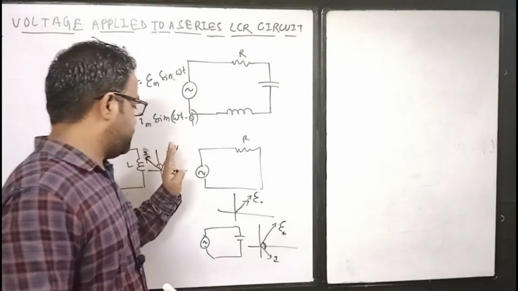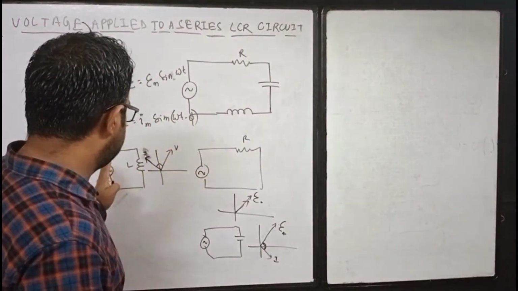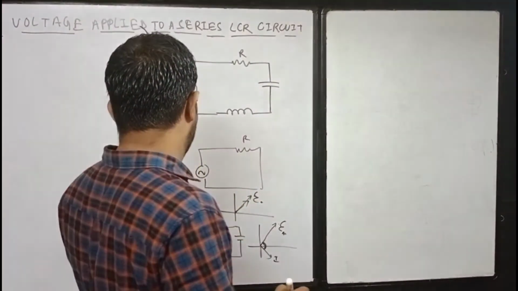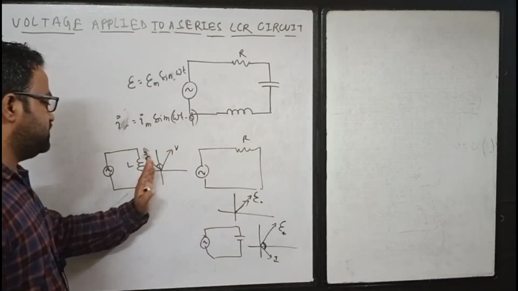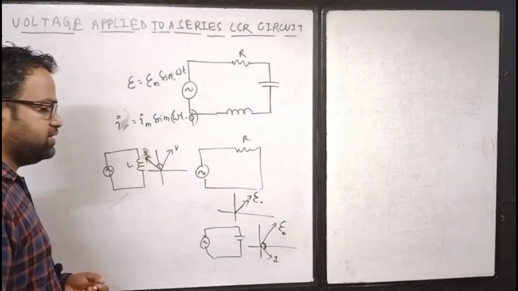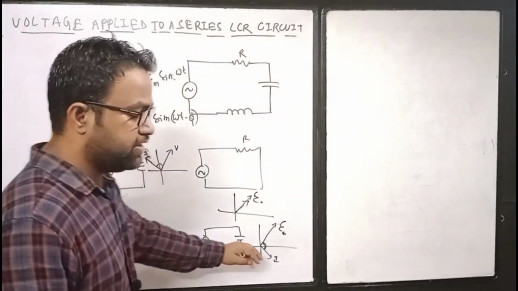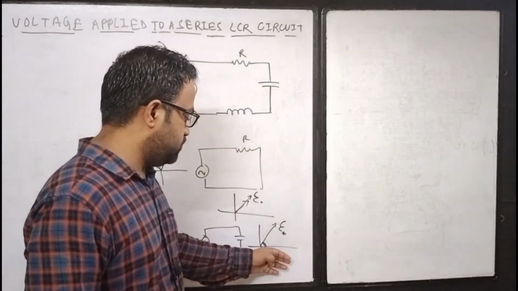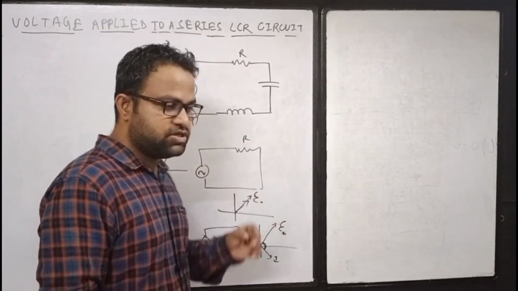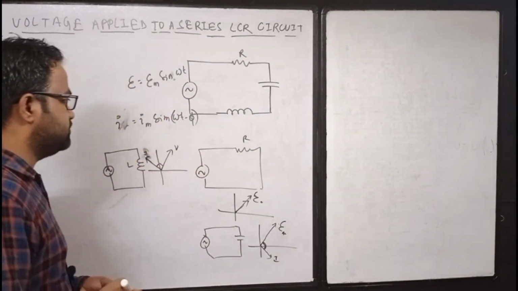So the phase relationship between voltage and current in your inductor only circuit is that current is leading, or voltage is lagging behind; the applied voltage will be lagging behind the current in an inductor only circuit. In a capacitor only circuit, the current will be lagging behind the voltage, and in a resistor only circuit, the voltage and the current both will be in the same direction.